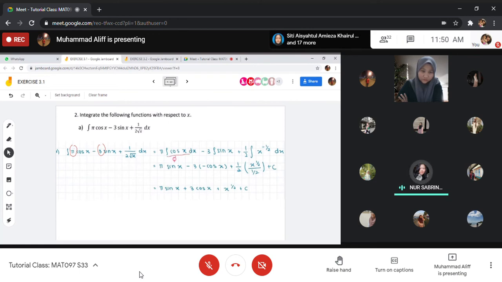Bila saya integrate sin x, saya akan dapat negatif cos x. Dan untuk integrate nilai ni, pertama sekali saya negatif 1/2 tambah 1 akan dapat positif 1/2. Lepas tu saya purkan dia dengan 1/2. Bila dah dapat semua nilai ni, saya simplify equation tu dan dapat jawapan pi sin x tambah 3 cos x tambah x kuasa 1/2 tambah c.